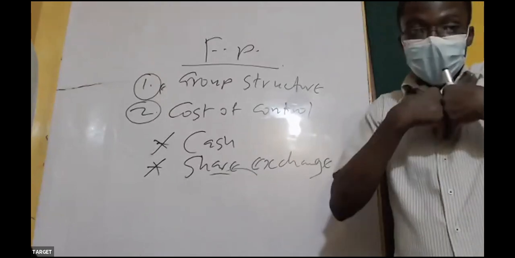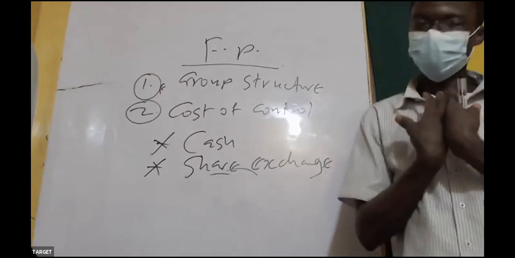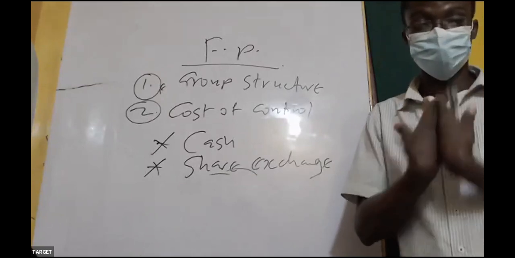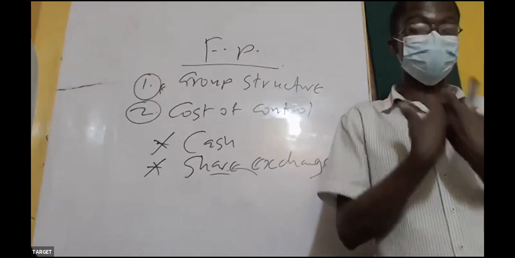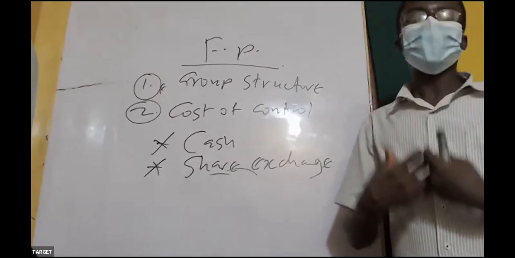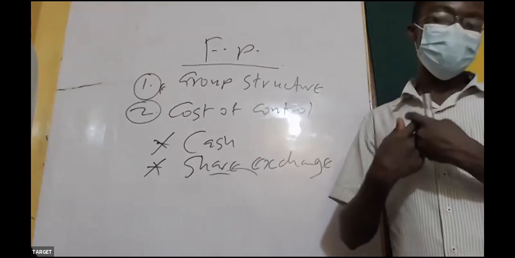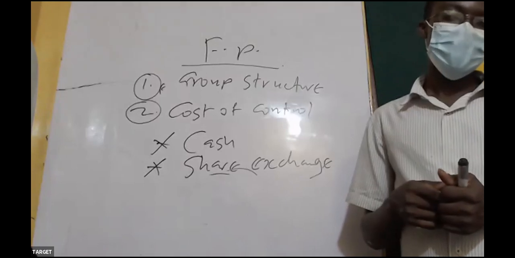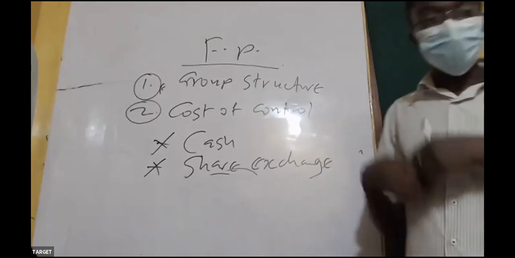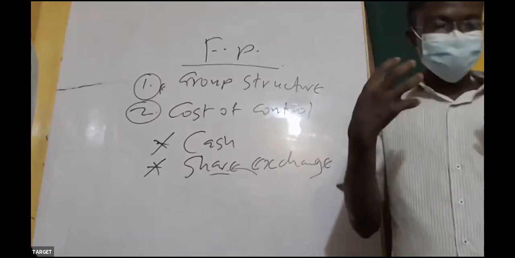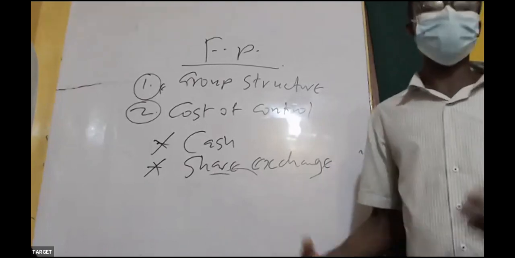So whatever I will use to settle them, that's the consideration. That's my cost of control. How much it costs me to obtain. Maybe even if I should not operate for 5 years, and that is what they will accept to surrender the shares to me, that's my cost of control.